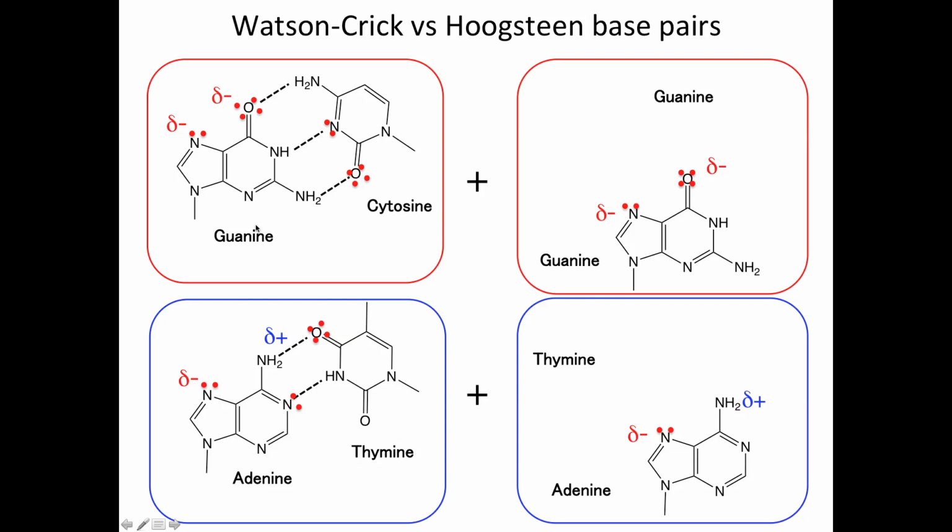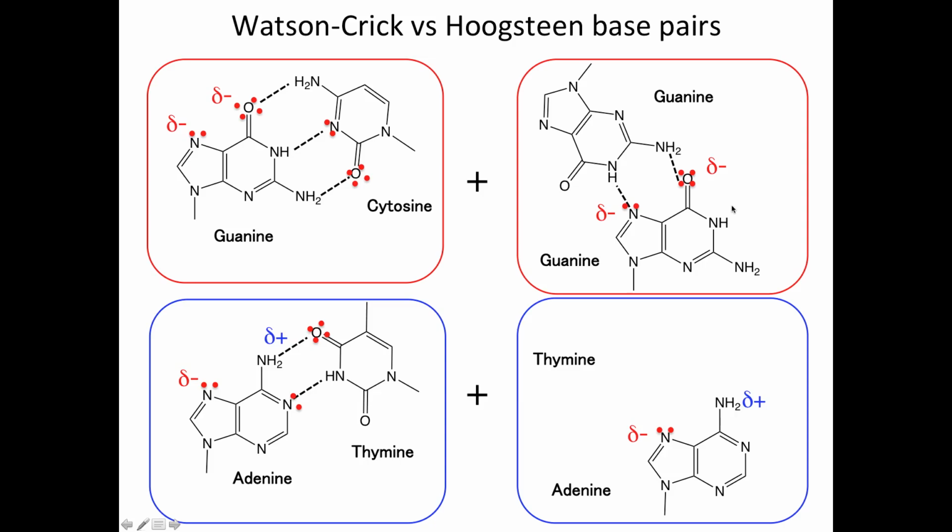But not only the Watson-Crick type, the Hoogsteen base pair is also found in double-strand DNA local conformation and RNA structure. In the case of guanine, you know that guanine binds to cytosine, but guanine can also bind to guanine.